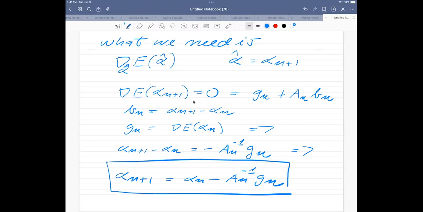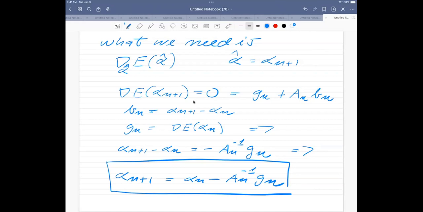And this has a famous name in the mathematics literature or numerical mathematics. Does anyone remember what we call this expression here, or this iterative expression? Newton's method.